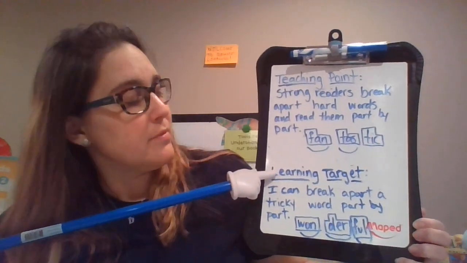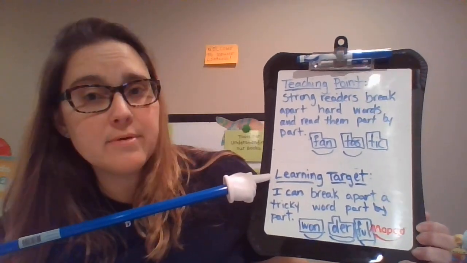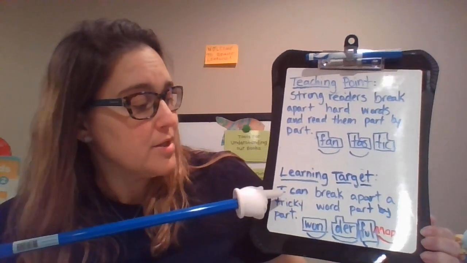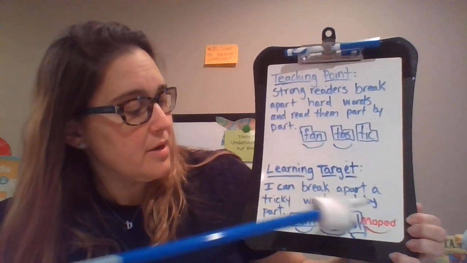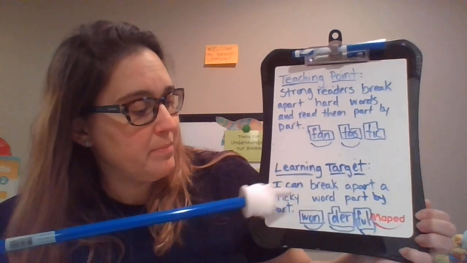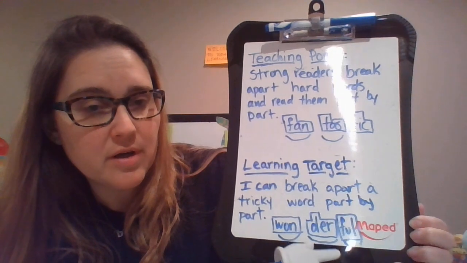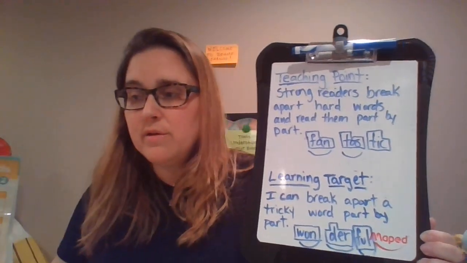Another way of framing the teaching point is writing it as a learning target, and it's using the I can. So I can break apart a tricky word part by part. Wonderful. So today, our focus will be taking apart words and reading it part by part.